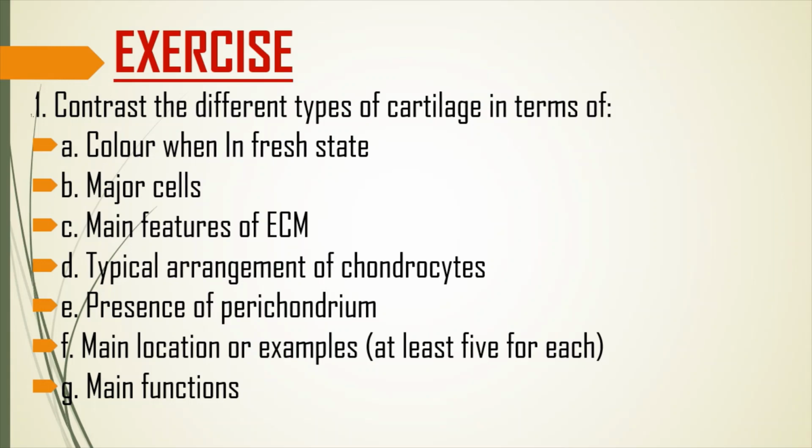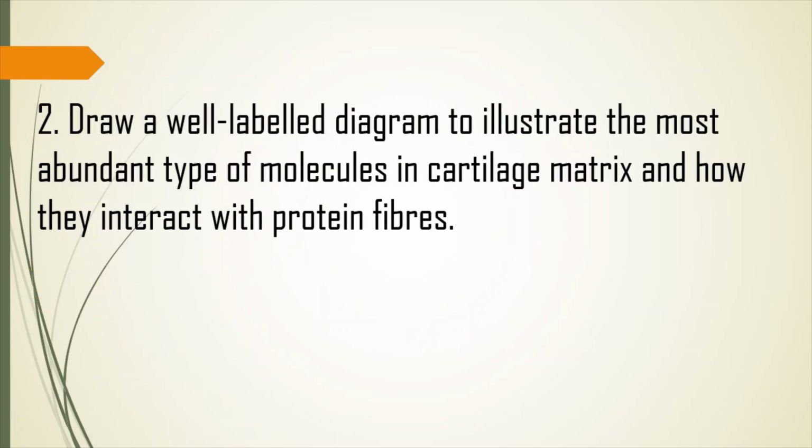I believe we've talked about all of these in the video. So if you missed anything, go back, rewatch the video, and then answer these questions. Number 2, draw a well-labeled diagram to illustrate the most abundant type of molecules in cartilage matrix and how they interact with protein fibers.